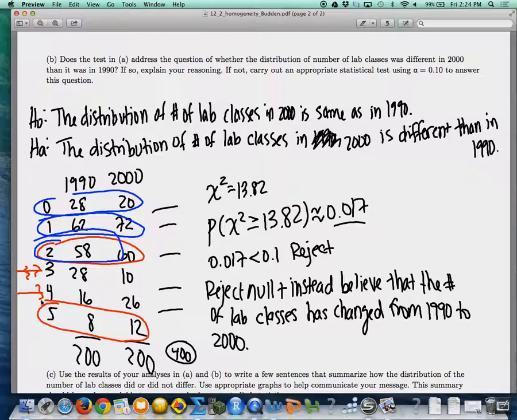Okay, my note to you is the reason that I've left this test until now is because it's only shown up in the AP test once since 1997, and it was on Form B. So the likelihood that you see it on this year's test is very, very small. So if you think that you are using a chi-square test for homogeneity, please be absolutely positive that it's the correct test before you choose it. Got it? Be very, very certain.